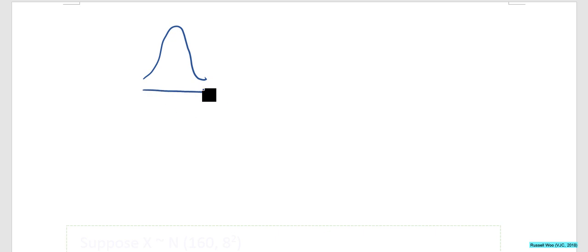We learned about normal distribution, and the area under the graph, the total area under this probability density function, must always be equal to 1. Everyone look up, don't talk. Total area must be equal to 1.